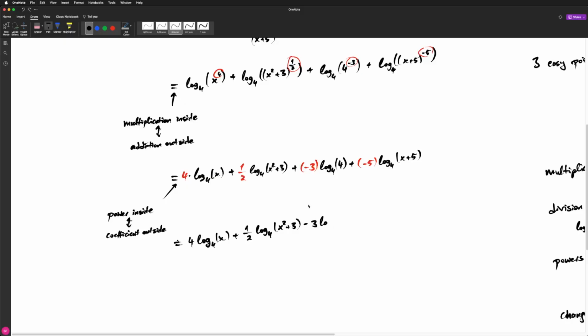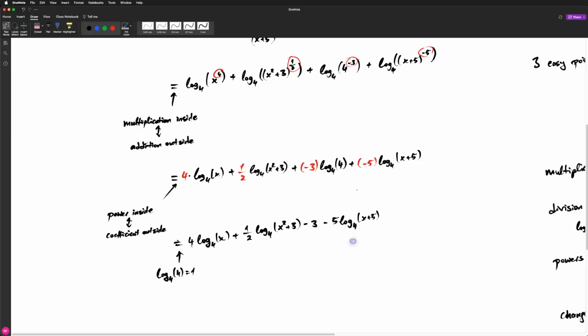And logarithm of 4 with respect to base 4 is nothing but 1. So that's just 3 times 1, which is negative 3. Well, there was a minus. Negative 3 times 1 is negative 3. And 5 times logarithm of x plus 5 with respect to base 4.